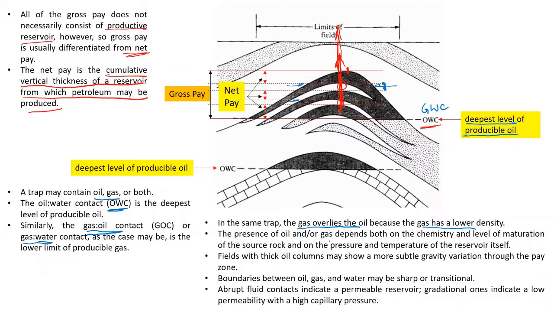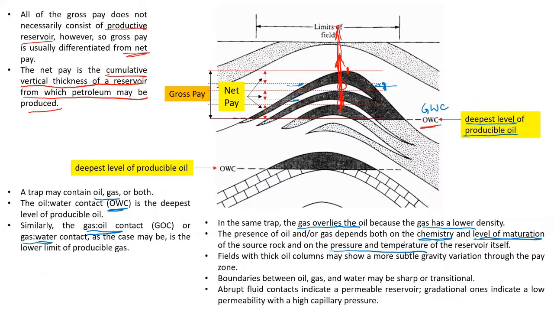Whether the oil and gas both will be present will depend on the chemistry, what type of kerogen is involved, and the level of maturation. Is the rock reaching into the oil window or gas window of the source rock? And then of course the pressure and temperature.